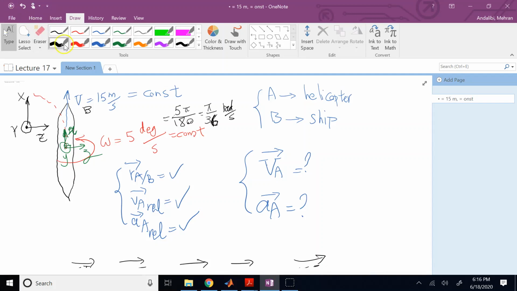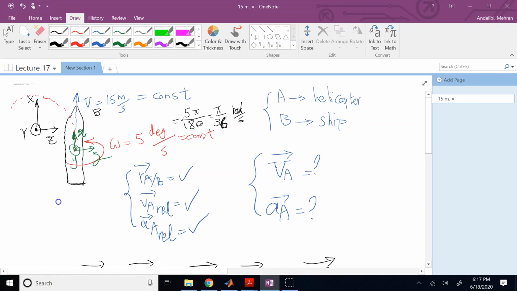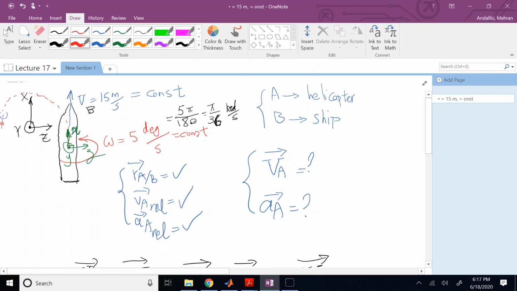And we know when you go on a circle with the constant v, what term do you have? You are right. The term that you have is called centripetal acceleration, right? So you do have a centripetal acceleration because this guy is going over a circle.